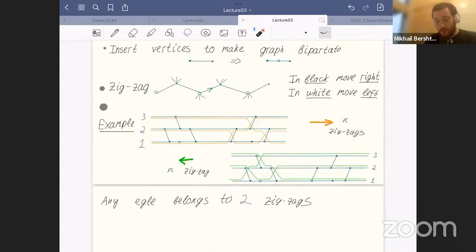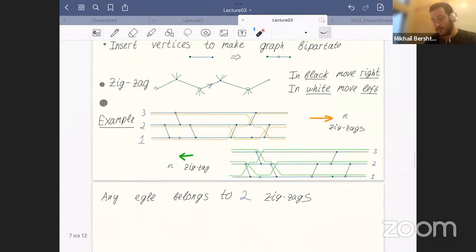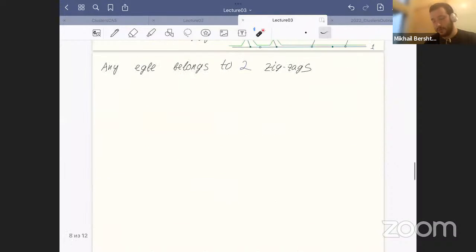So in some sense, you can think that we have two braids. I prefer bipartite graph conventions, but quite often people prefer just to draw zigzag paths, and this is called a double wiring diagram. So we have two sets, two networks. One is drawn in orange, another in green, and they intersect like braids intersect for the braid group.